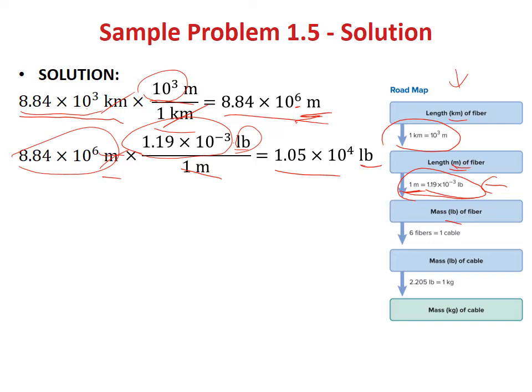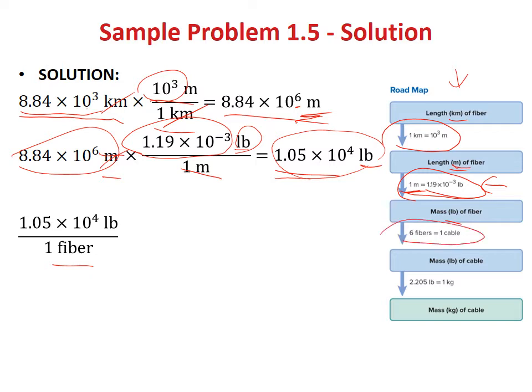Okay, so next we have 6 of them. We start with this one. This is for one fiber. Okay, we have 6. So one cable, 6 fiber, can also be written as a conversion factor. One cable is equivalent to 6 fiber.